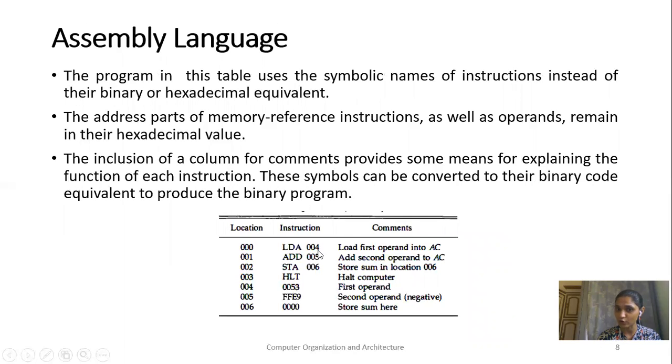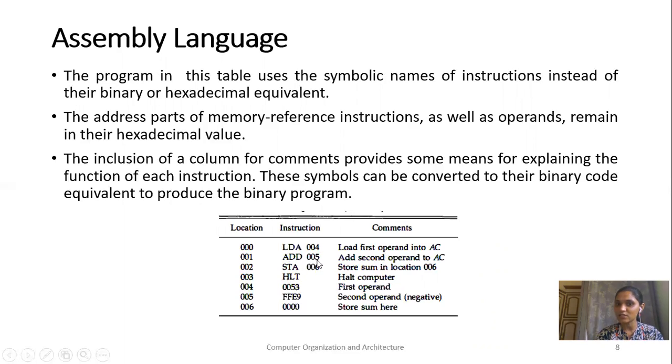LDA 004 at the first location, ADD 005 at the second location, STA 006 at the third location, and HLT at the fourth. From that location onwards, there is your data, that is, the addresses you have used in the instructions. In the first instruction, your operand is loaded into the accumulator.